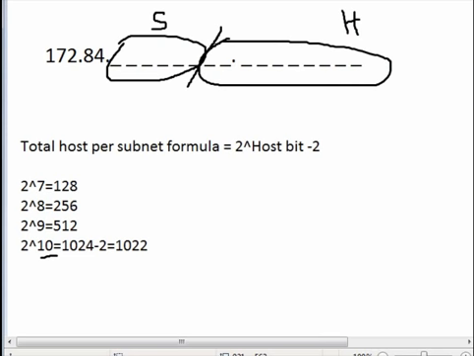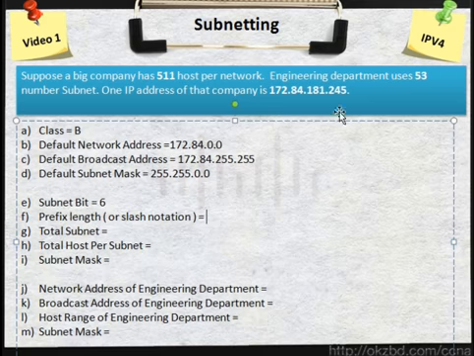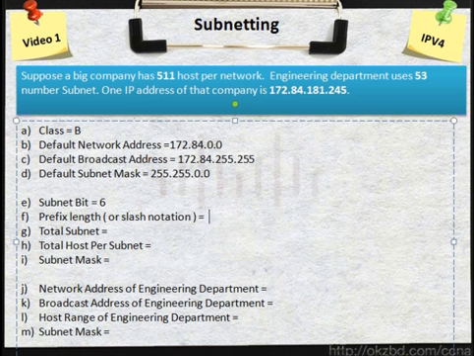Prefix length. Now this is 8 bits, this is 8 bits, and this is our 6-bit subnet. So 8 plus 8 plus 6 is equal to 22. Prefix length is 22. Total subnet.